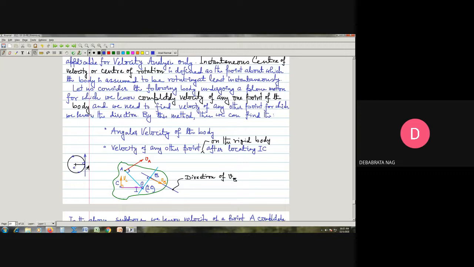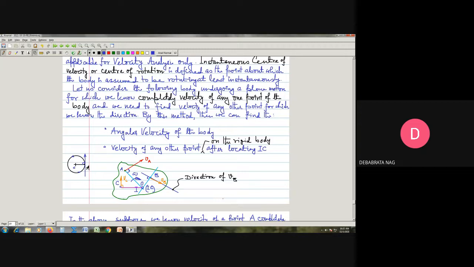That means for the instant when the velocity of this point A of the body is directed this way, and I know its magnitude, its direction and its sense, then for any other point on the body, this is the point about which the body can be assumed to be rotating, and the sense of rotation will obviously be in this direction. So this will instantaneously be the angular velocity of the body.